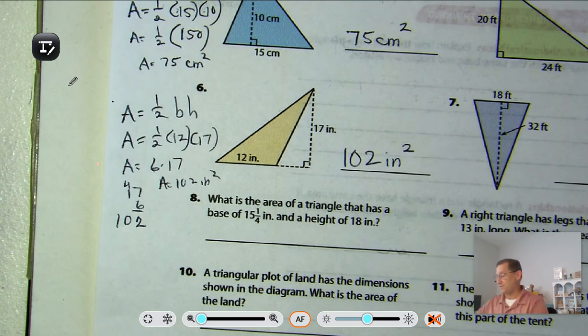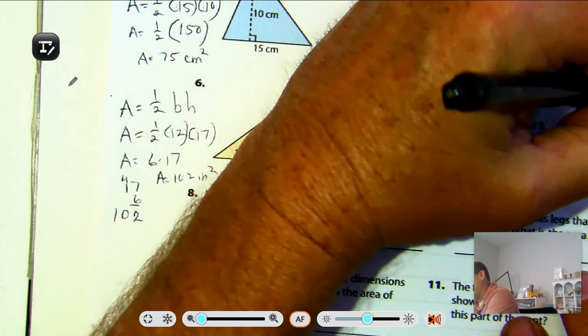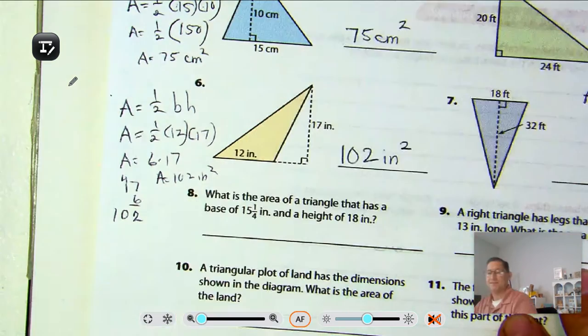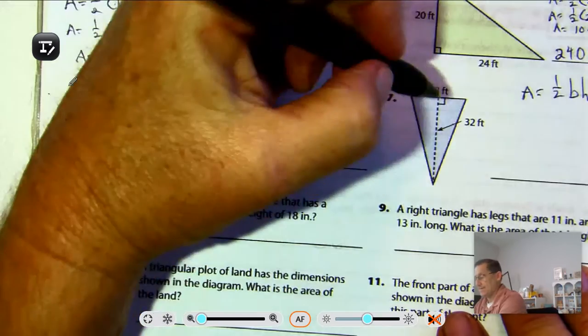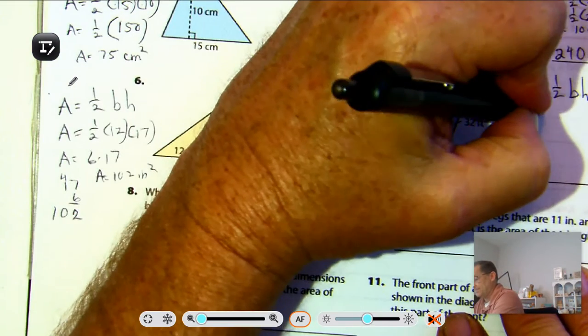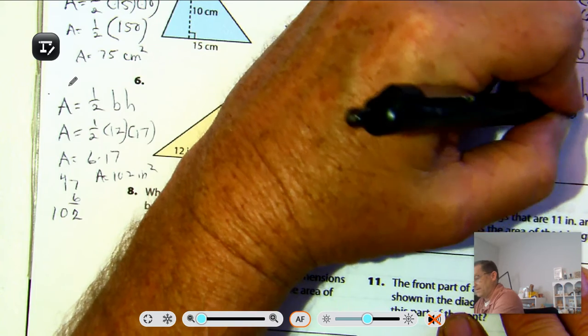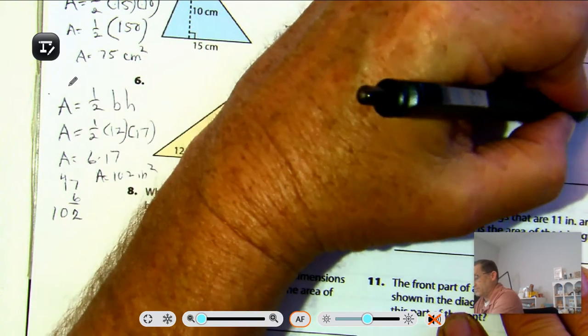Number 7, again, that's a triangle. Area equals 1/2 the base times the height. The base in this case is 18, and its height is 32.